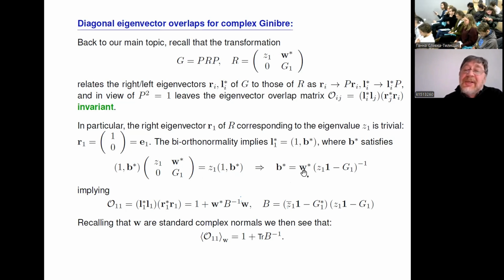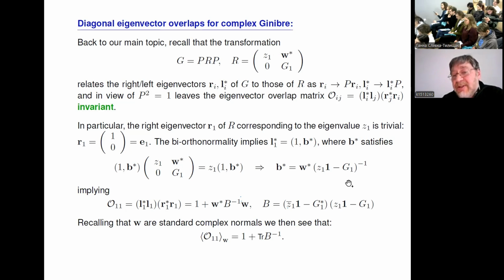And we just see that it's nothing else than W conjugate times the resolvent matrix for G1, at spectral parameter equal to the first eigenvalue.